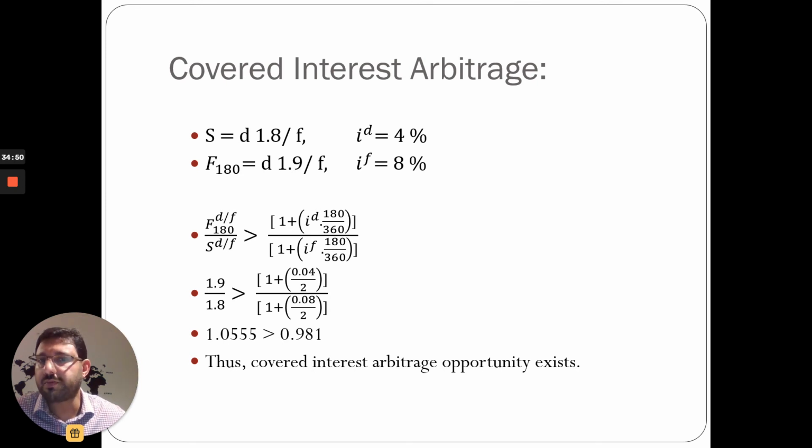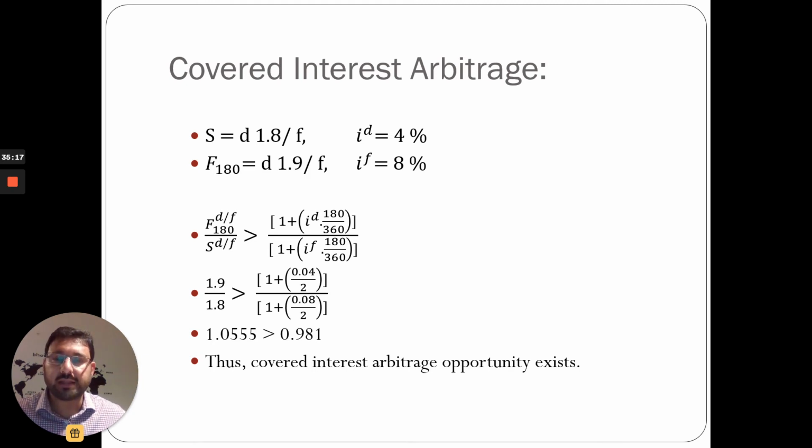And if the interest rate parity holds, then the D currency, where the rate is low, should appreciate approximately by the difference between the interest rates, which is 4%, and the F currency should depreciate by 4%.